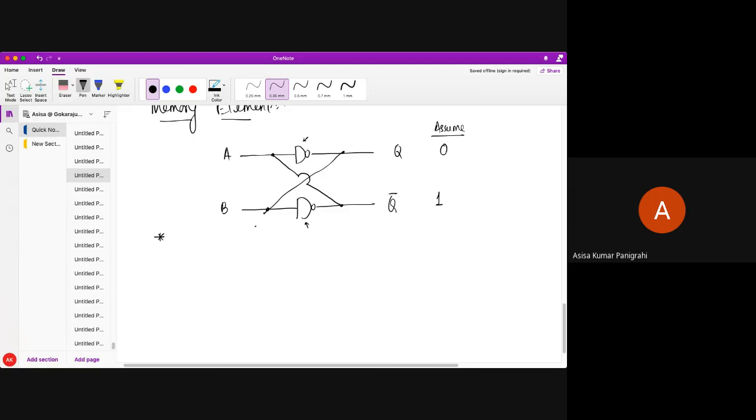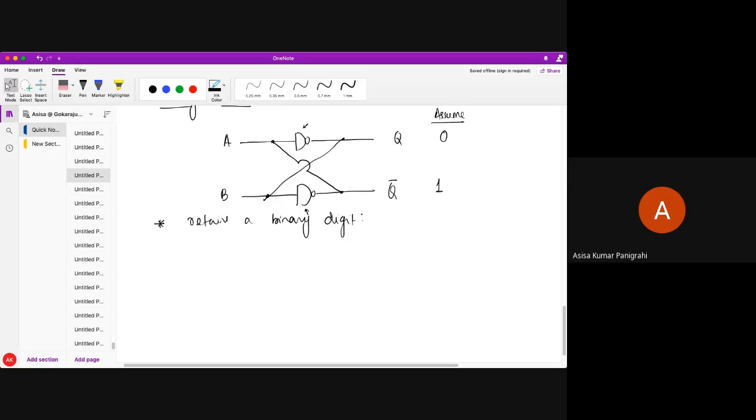If this logic circuit retains a binary digit, then can I say that this is a one bit memory element? What is the retaining policy here? Retaining means, see here, I am assuming 0 here. After some time it is still retaining that particular value. In the next state also, if it retains the same value 0, then I can say that this logic circuit is retaining a binary digit, that is 0.